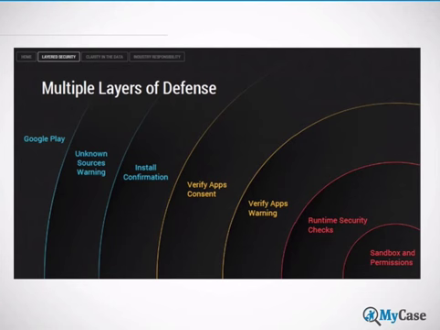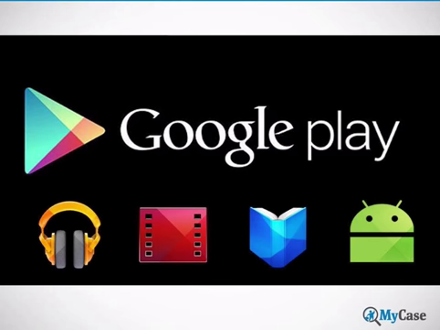Now, the other aspect is, if you're installing applications from Google Play, or you live in the United States, 90% of the time you're not going to have to worry about any of these problems, because most of the viruses affect third world or dark internet, for lack of a better word, places. So applications that are being installed outside of Google Play or authorized stores, these are the ones being affected.